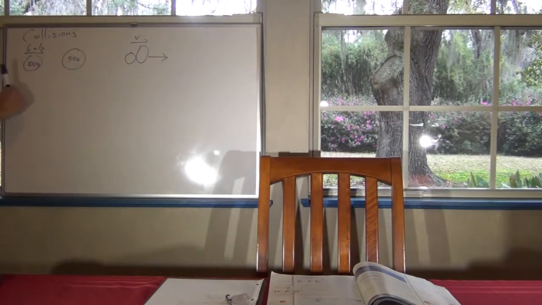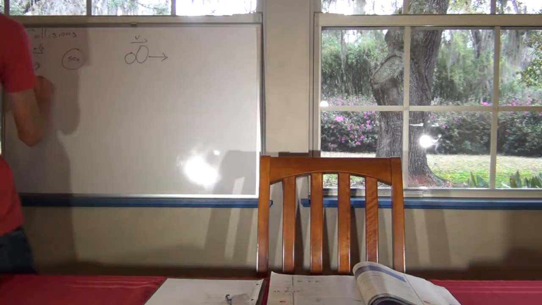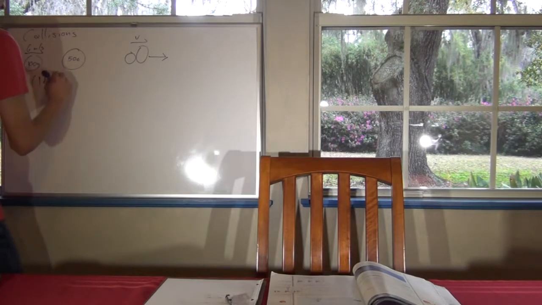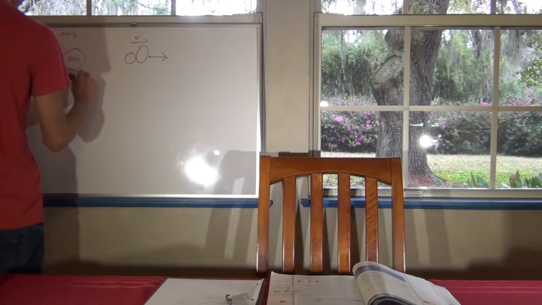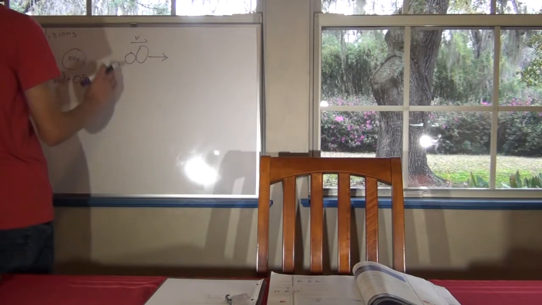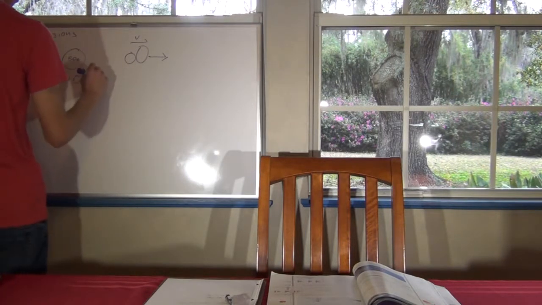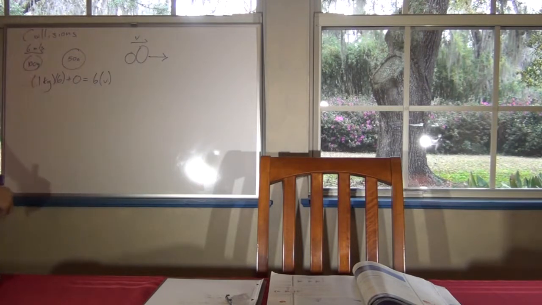And so, we take the mass, 100 grams, which is going to simplify very quickly. Remember, you always have to use SI units, so 0.1 kilograms multiplied by 6 meters per second, plus our initial momentum of u is 0, you don't have a velocity, equals our final momentum, which, because these are combined, it's going to be their combined masses, or 0.6 multiplied by their combined final velocity.